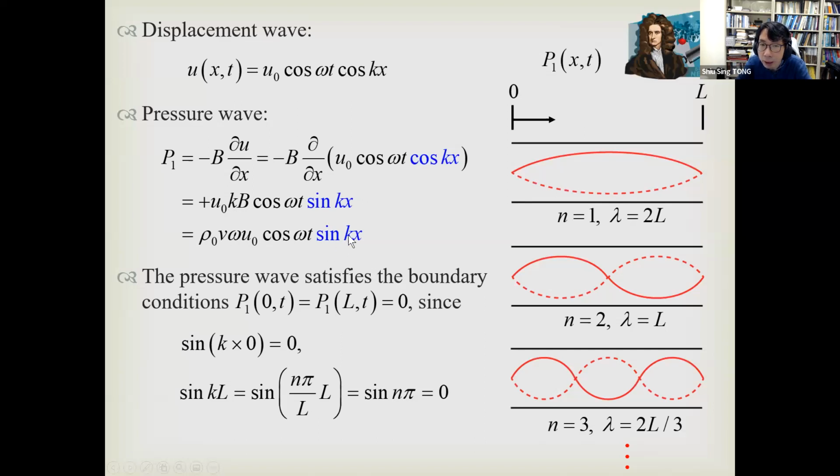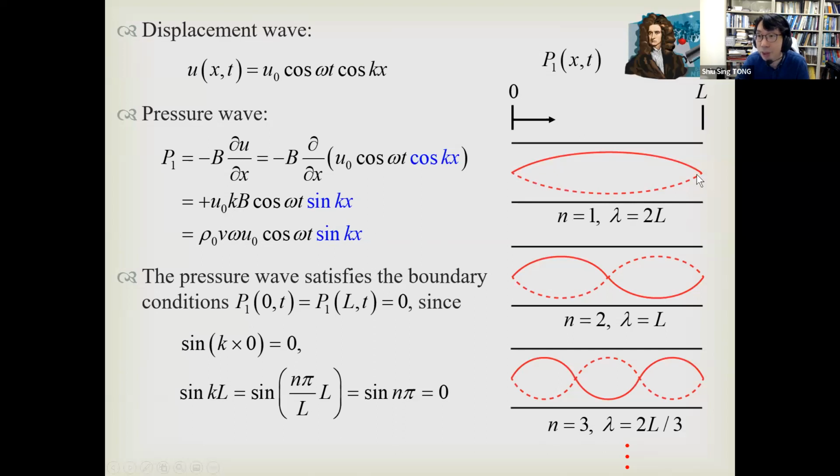Now you can see that it goes as sine Kx. The sine Kx, if K is equal to n pi over L, then the sine function will be 0 at both ends. Sine 0 is of course 0, but sine of n pi x over L at x equal to L becomes sine n pi.